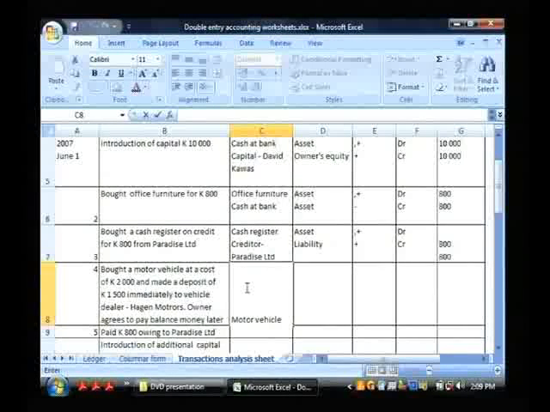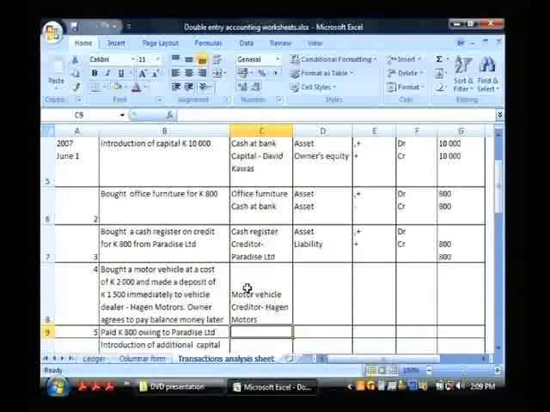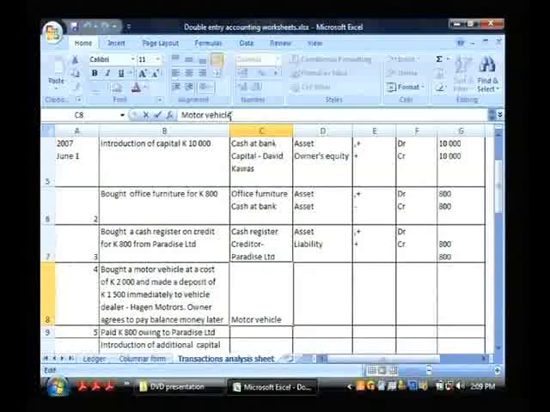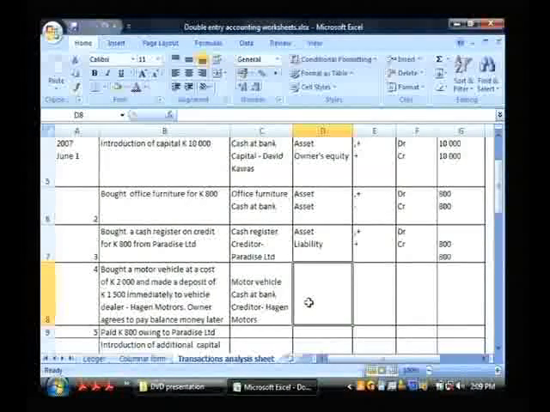Therefore, creditor Hagen Motors, and then another account, that is cash at bank, because we paid cash, therefore cash at bank account. Now this involves 3 accounts.